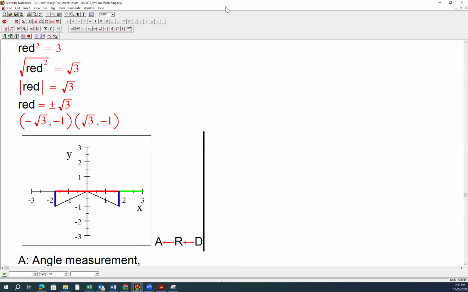Of course, we have infinitely many of them, because the domain is all real numbers, right? So at this point, we're gonna have to do some more analysis, because we're considering intervals of increasing and decreasing.